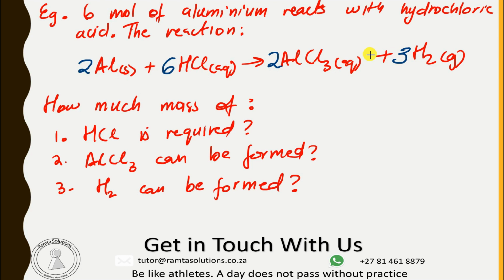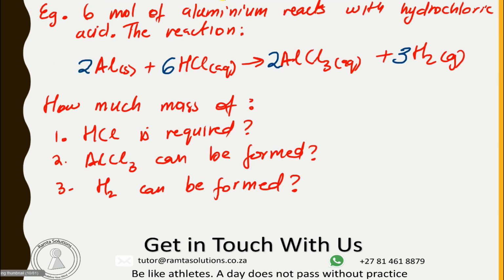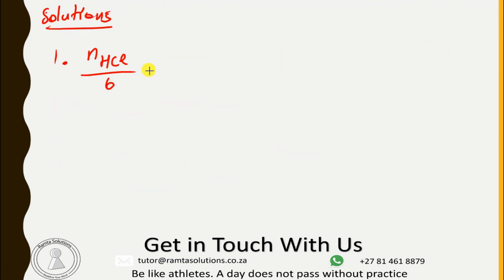Now, the first question says, how much mass of hydrochloric acid is required? Let's see. Number one, the number of moles of hydrochloric acid over its coefficient, which is 6, is equal to the number of moles of aluminum over its coefficient, which was 2.